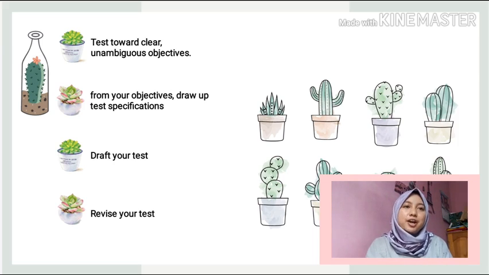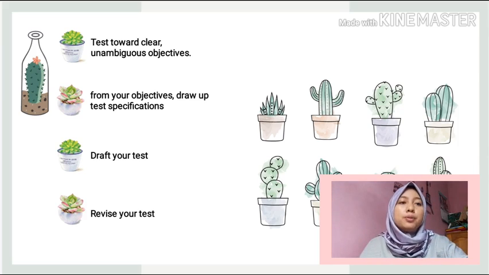And the second step is, from your objectives, draw up test specifications. So after we make unambiguous objectives, we must draw up the specifications. We can use a simple and practical outline for the test specifications.